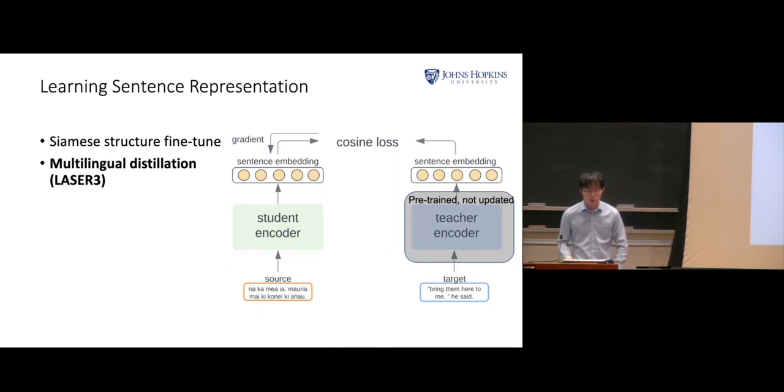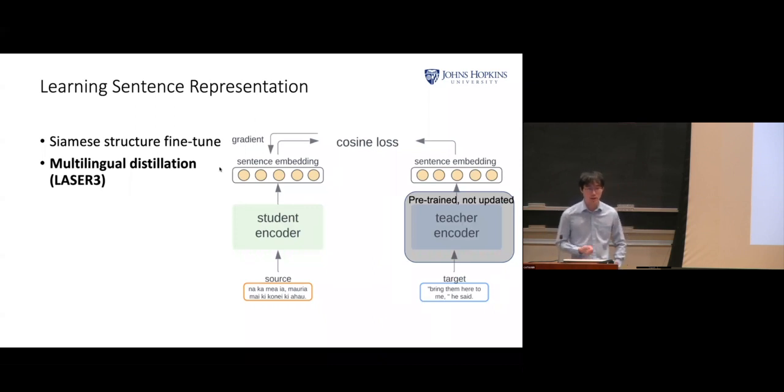Then we distill the information to the student encoder, which is initialized randomly with, for example, transformer encoders, and that encodes a low resource sentence. Then it maps them to high dimensional space, computes a cosine similarity loss, and uses gradient update on the student side to update the parameters.